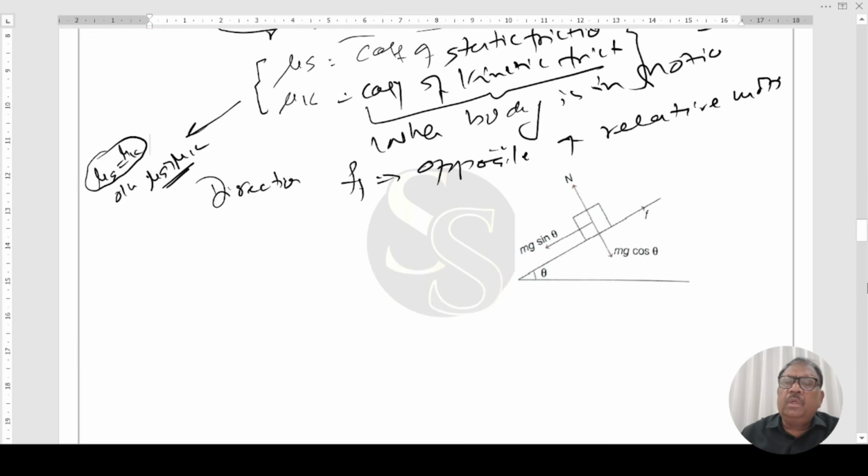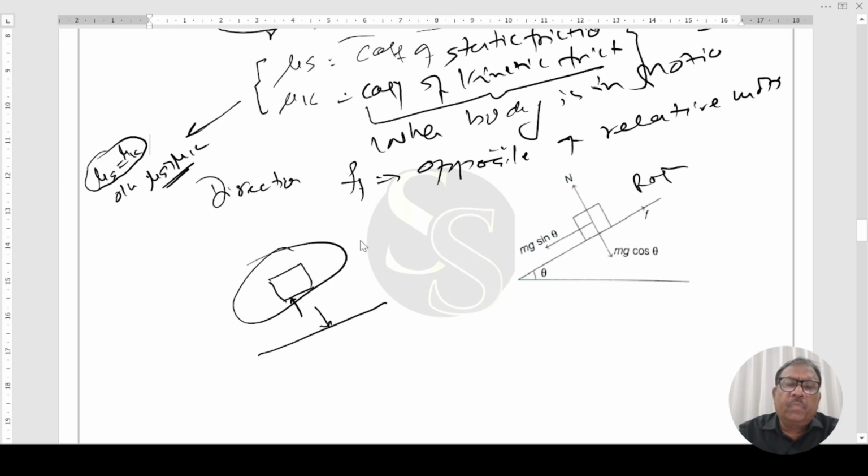Now, in the case of friction force, this is a rough surface, so contact force will act between these. This one pushes that one here, and that one pushes this one there. We have to draw the free body diagram of this body. This is called normal.